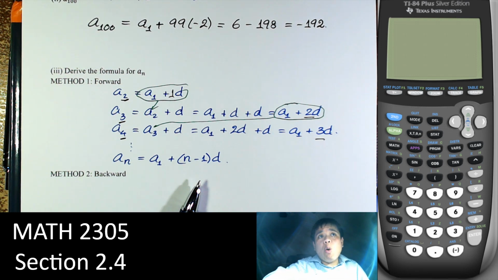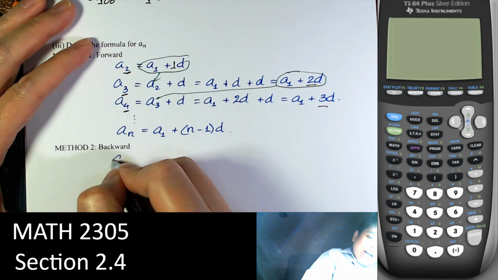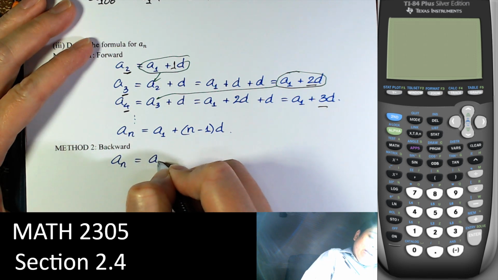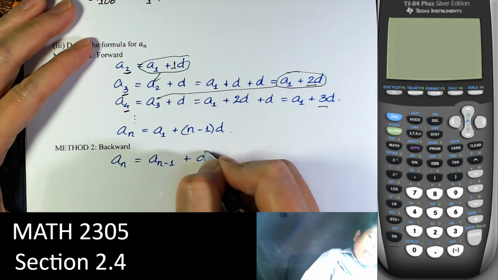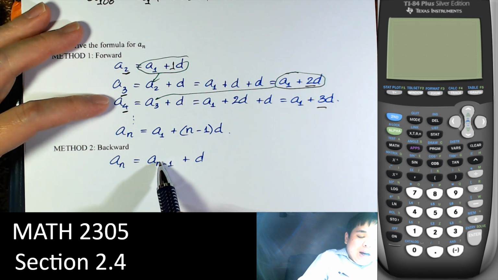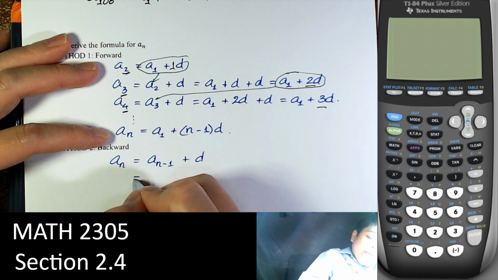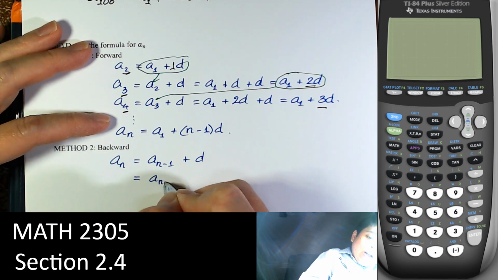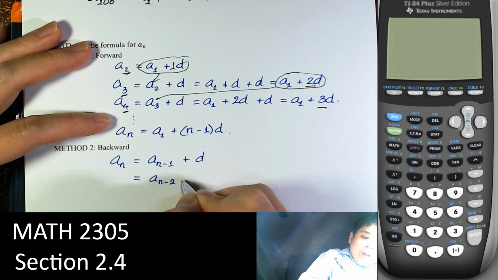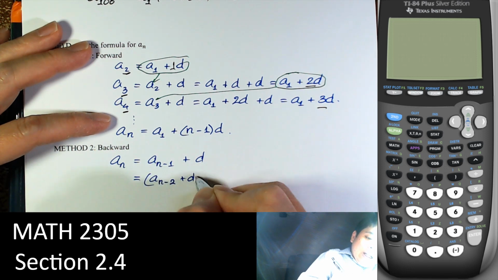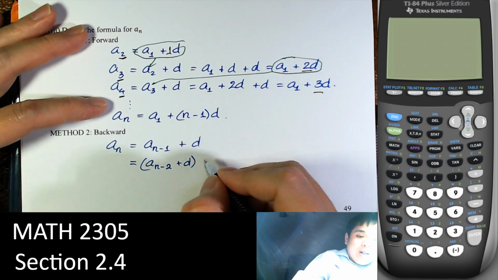Now, that is forward. For backward, we start from A sub n is A sub n minus 1 plus d. And A of n minus 1, we just keep recurring, is A of n minus 2 plus d, substituting n minus 1 plus another d.